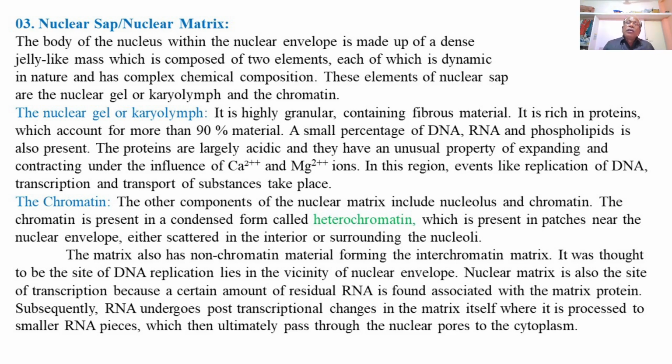Then the nuclear sap or nucleoplasm also possesses nucleoside triphosphatase enzyme for the synthesis of high energy phosphates, that is ATP. Then NAD synthetase for synthesis of NAD, and enzymes for the synthesis of spindle fibers for the process of mitosis.